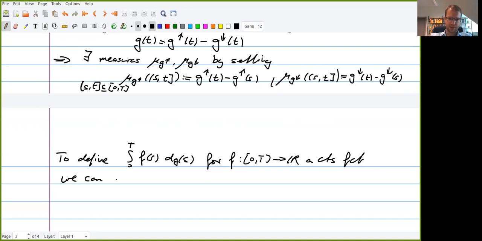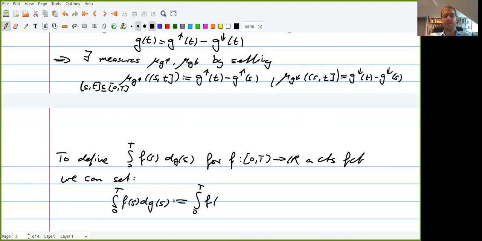How do you define it? Well, this is not simple, because we know how to define the integral with respect to measures. So what we do is we define the integral of f.